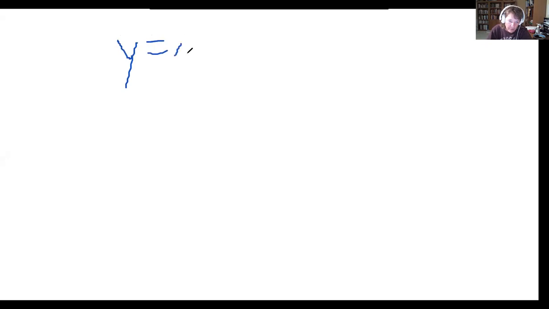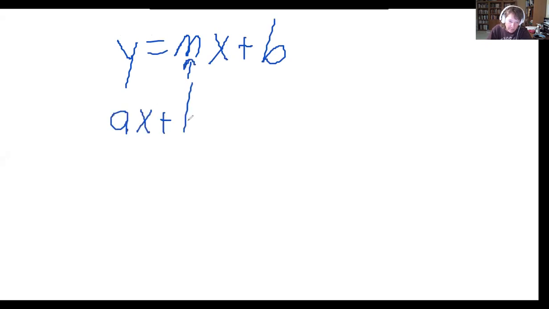Y equal MX plus B. The only thing the calculator does is it's still slope, they just use the letter A. So when it says AX plus B, what it means is, for linear regression, the A value is going to be the slope, and the B value is going to be the y-intercept, okay?